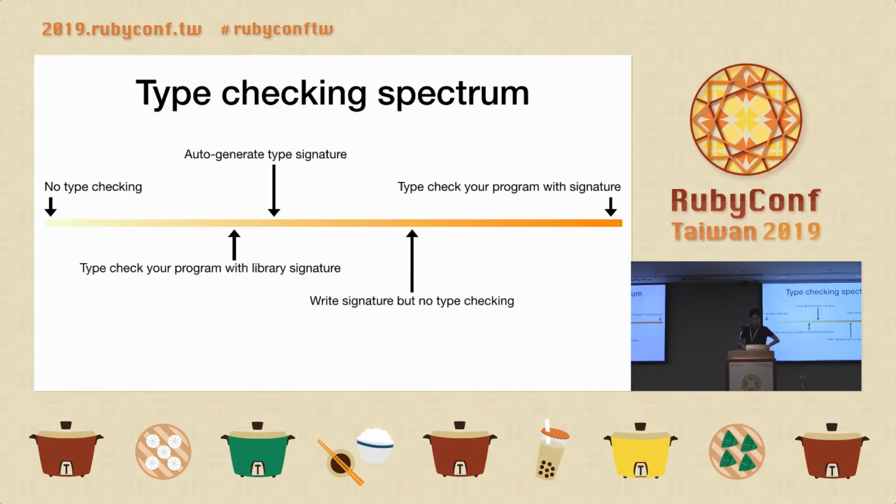So I think that there are at least 5 options for how much you can do for type checking. And yeah, my recommendation is the last one. So write type annotations or type signatures and get the most out of the type checking.